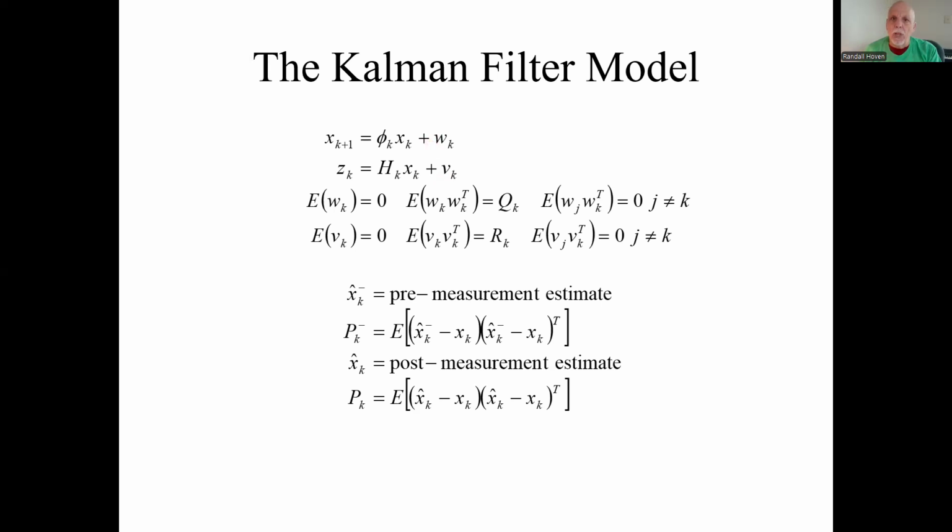And then we're going to apply the BLUE process, best linear unbiased estimator, using that recursive way of doing it. Believe it or not, I'm trying to keep the notation simple. The hat means the estimate. The K means at time step K. If it has this little superscript minus, that means pre-measurement.